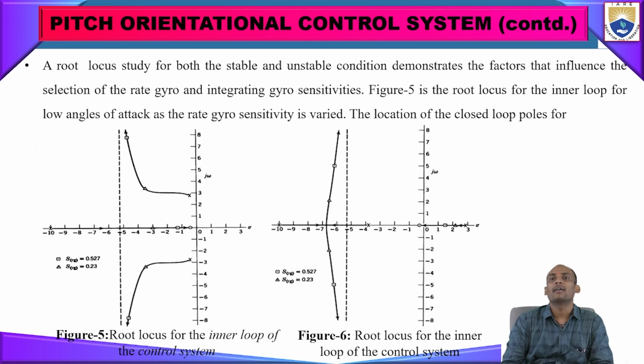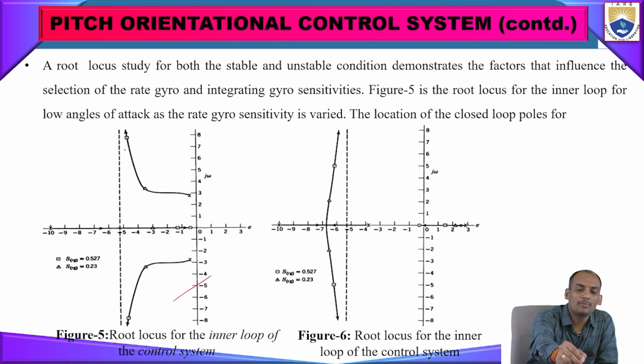Root locus for an inner loop of the aircraft system for different values has been given here. This is the maximum value, and the response values have been following this type of behavior.